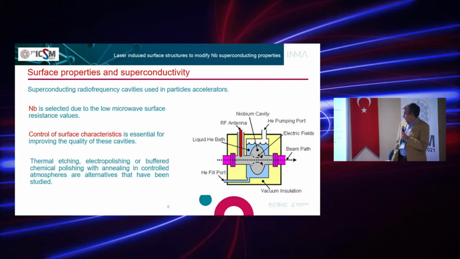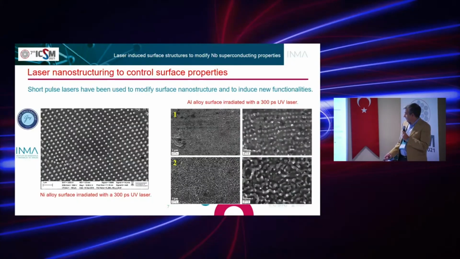Usually, this has been done in industry by thermal etching, electropolishing, or chemical polishing in controlled atmospheres. But we want to check if this can also be done with laser technologies.